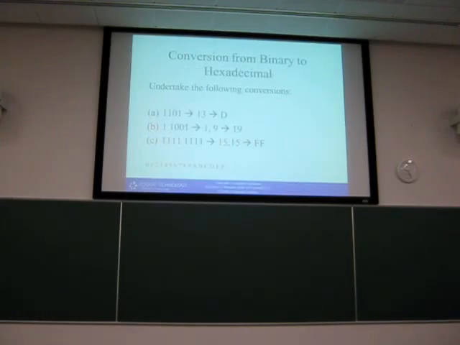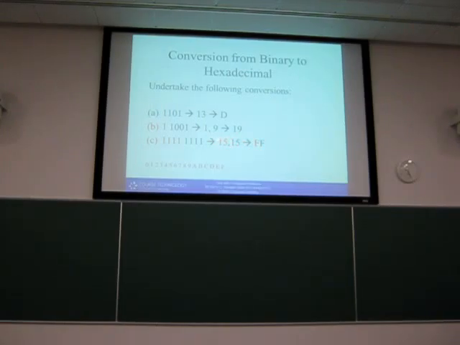The same for binary to hexadecimal. So the first thing I do is I regroup into groups of 4 bits. Okay. And then I put that into decimal. And then see the corresponding decimal into hexadecimal.